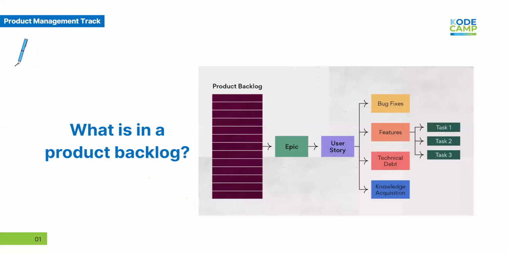Now let's move to the next one, which is one of my favorites because it often gets overlooked. That is knowledge acquisition, research, spikes, and learning tasks. Sometimes you're not sure what to build just yet.